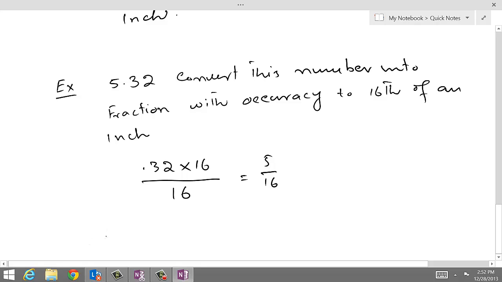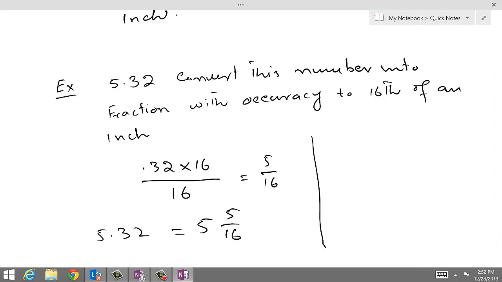So 5.32 is equal to 5 and 5/16. That's with an accuracy level of 16th of an inch. If we want to convert it with an accuracy of 32nd part of an inch, then we should do so.